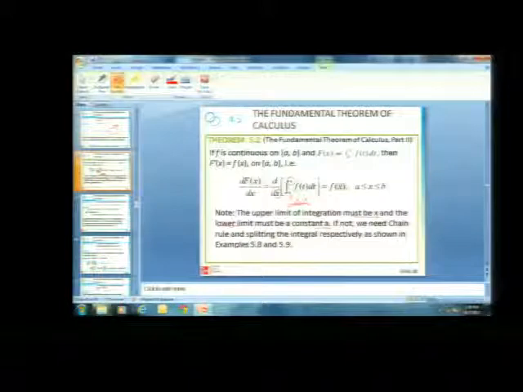But if the upper limit is x and we differentiate this integral with respect to x, then according to the theorem, the answer is very simple. It's just f(x). But when the upper limit is not a variable, or the lower limit is not a constant, then we have to do some special arrangement, to change it into something where part 2 of the theorem can still be used.